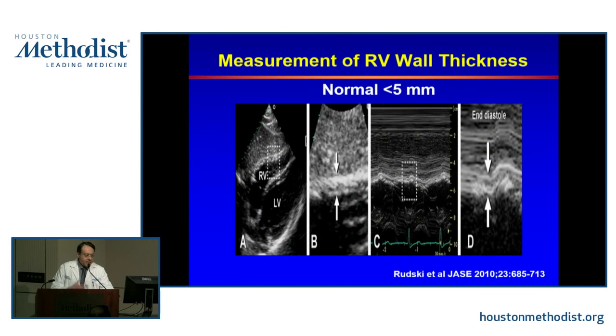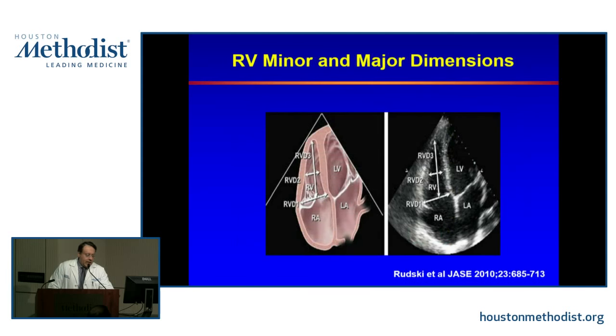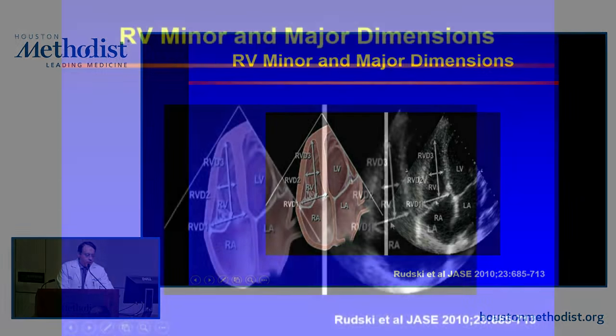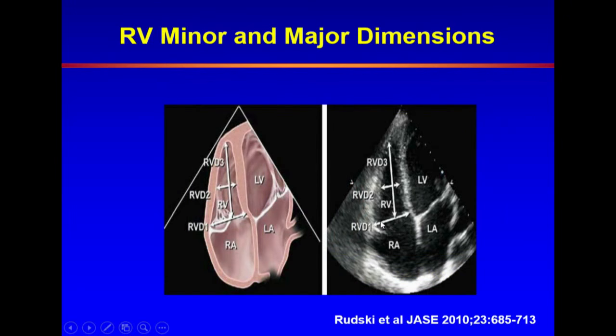If going for RV thickness measurements, you want to go to the subcostal view. You want to zoom, you can use 2D, you can use M mode, and you go ahead for that measurement for wall thickness. And in the apical 4-chamber view, we can get several measurements to assess RV size, the base, the mid-level, and the long axis.